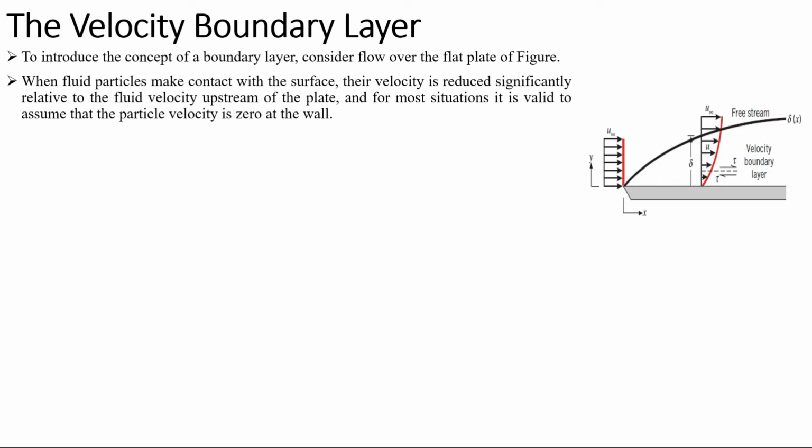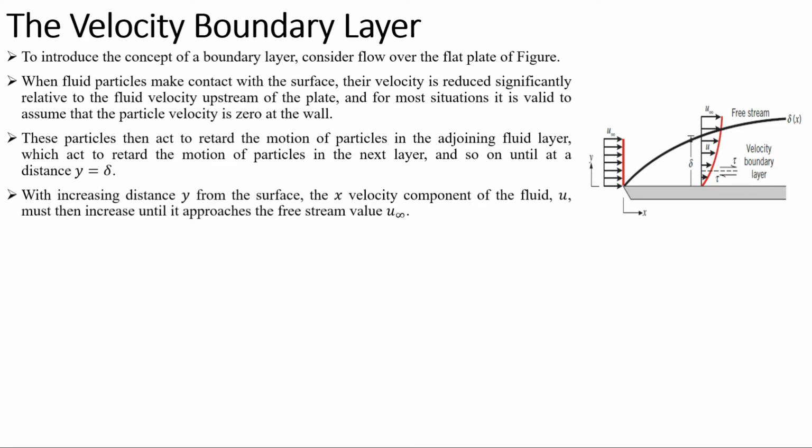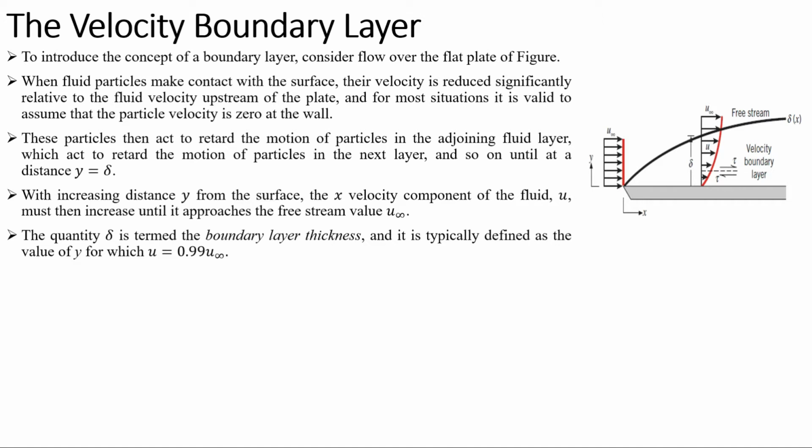So the fluid particles which are in contact with the plate have 0 velocity, and velocity will gradually increase if you move towards the top, and there exists a point where velocity becomes equal to 99% of the free stream velocity, and here it is written that u is equal to 0.99 of u infinity.